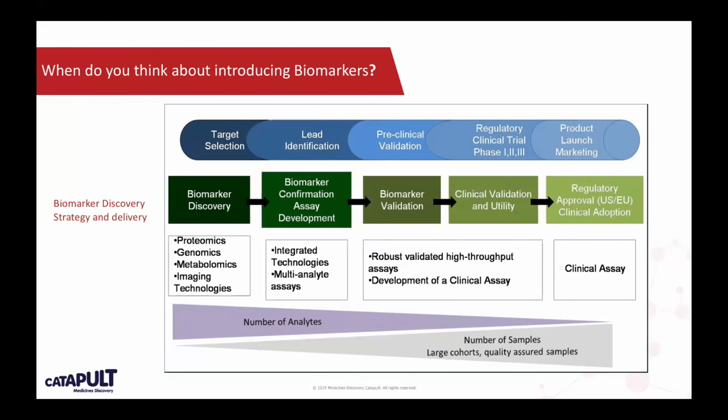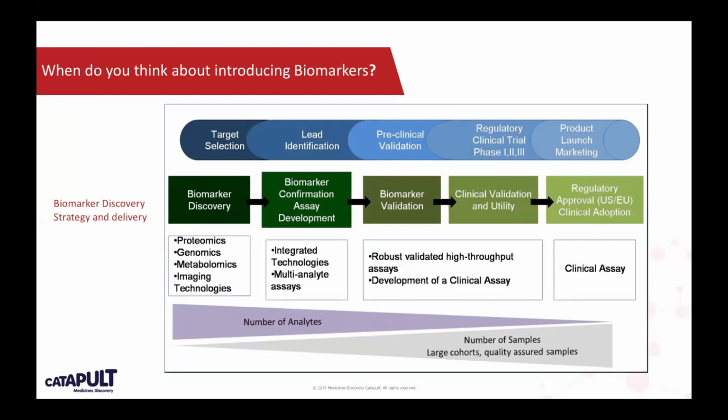So when do you think about introducing biomarkers? I'm a bit of a stuck record on this one, I'm afraid. Biomarkers, for me, have to be introduced right at the beginning of your drug discovery pipeline. Whilst you're thinking of target selection and working through the mode of action of your target with your inhibitor or activator, what you need to know are all the markers that are involved in that.